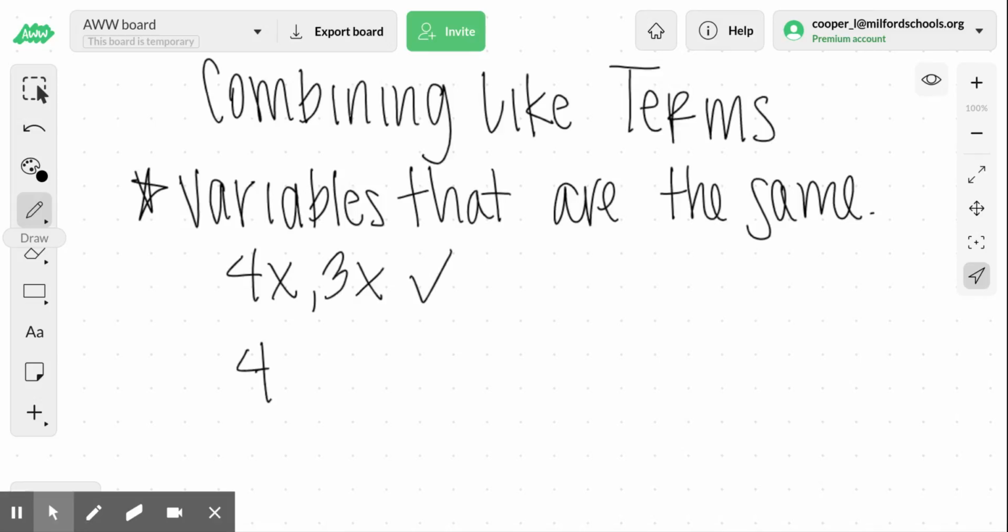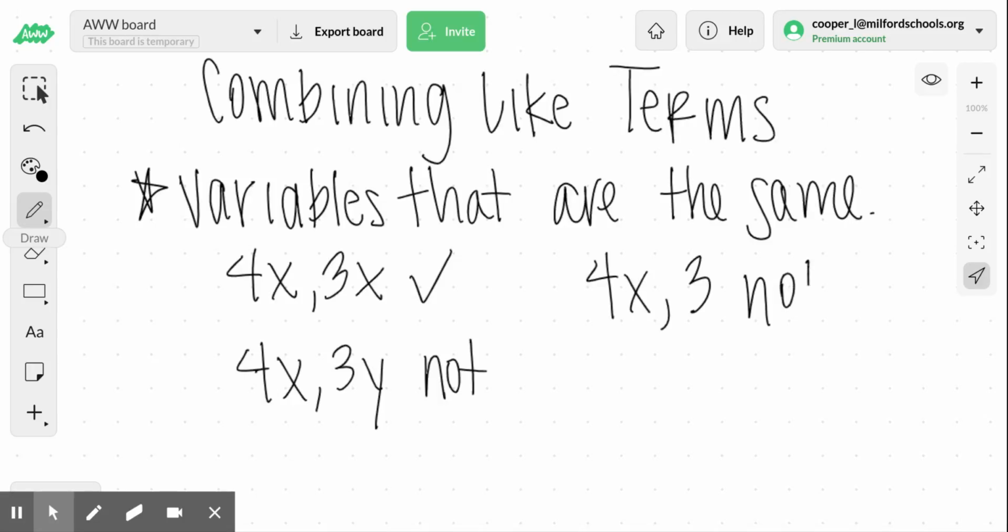If I had a 4x and then a 3y, that would not work. Also, if I had a 4x and then just the number 3, that would also not work. So combining like terms, you're going to combine variables that are the same. Now, this can get a little bit more complicated, but these are pretty simple examples just for right now. So that's what we are going to do for the rest of this video.